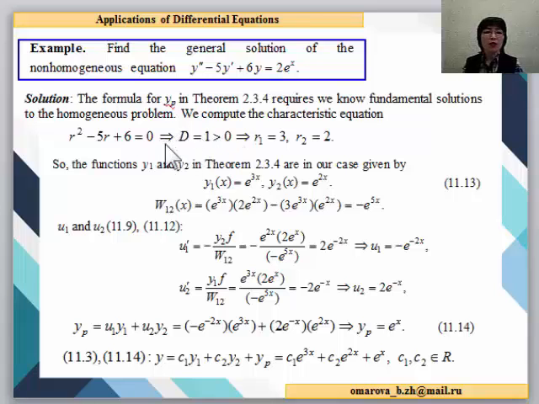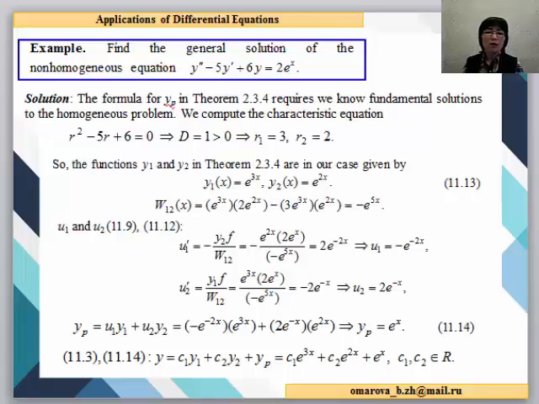We see that the discriminant is a positive number, so we have different real roots. They are 3 and 2. So the functions y sub 1 and y sub 2 in the fourth theorem are in our case given by the formula 11.13. The Wronskian of these two functions is given by the equality.